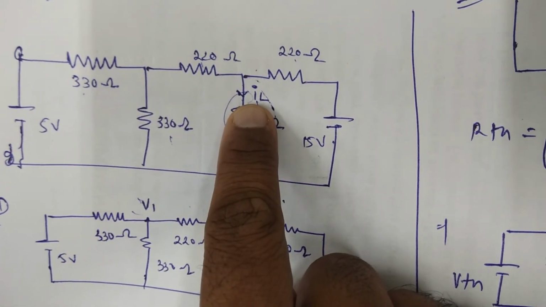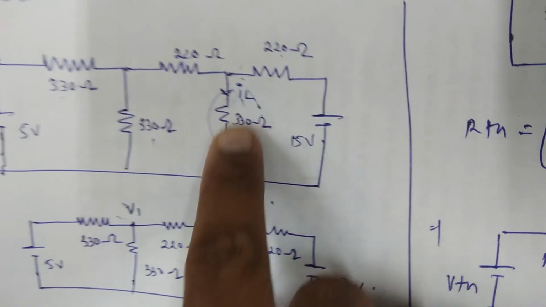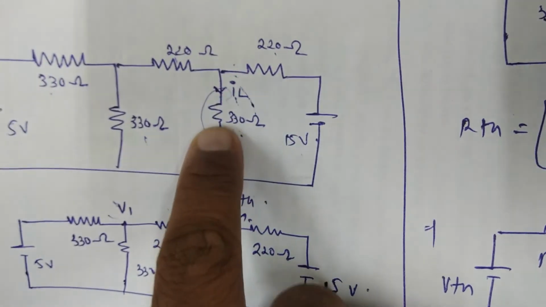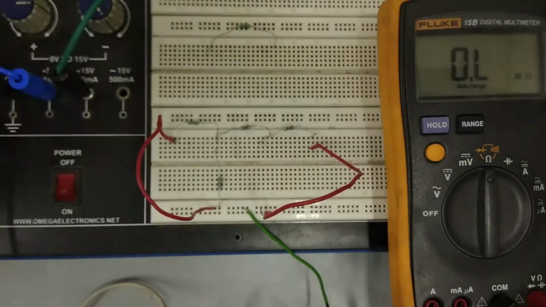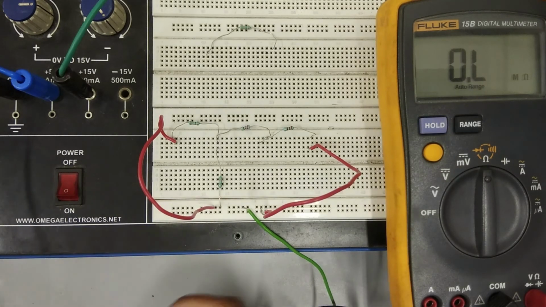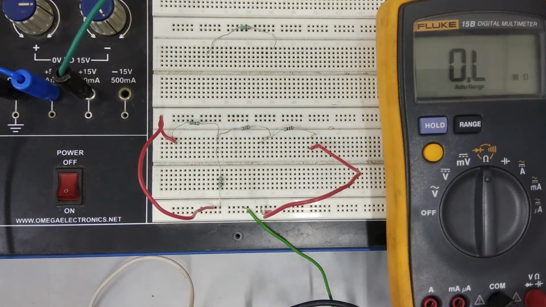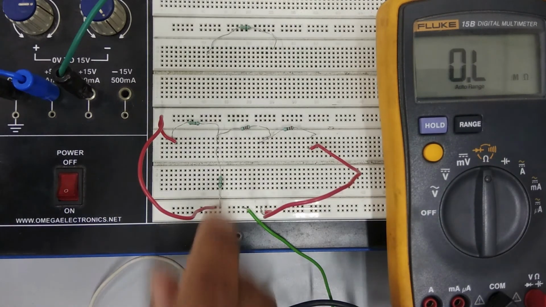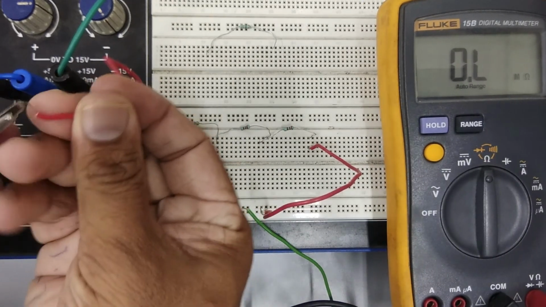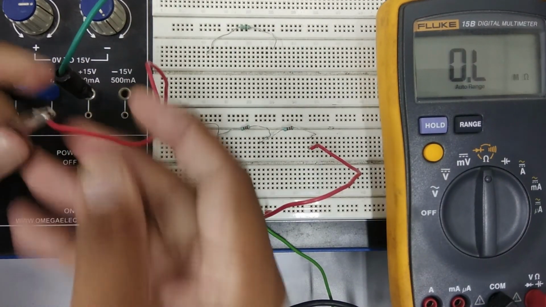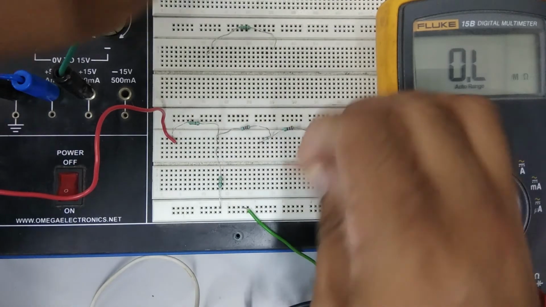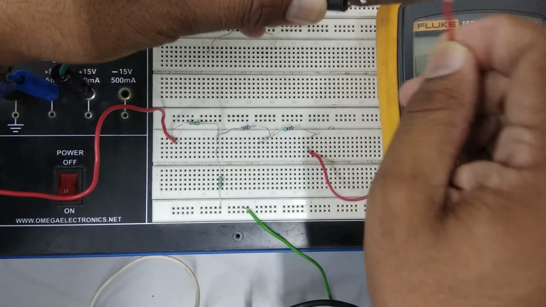Ultimately IL is available over here, so I will find IL from this branch. I will reconnect the main circuit. This 5 volt I have connected again, and this 15 volt I am connecting again.